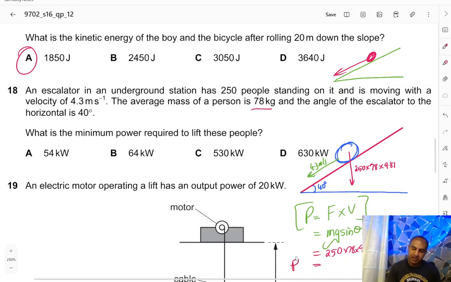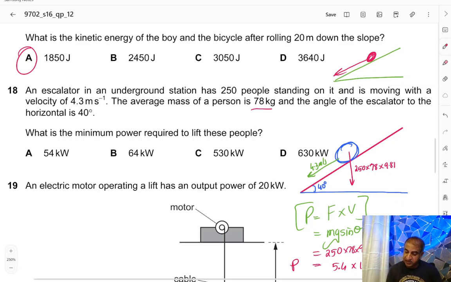We need the power in kilowatts, so first we find it in watts and then convert. So 250 multiplied by 78 multiplied by 9.81 multiplied by sine 40, bracket closed, multiplied by 4.3. That gives a huge value, which I'm going to round off to three significant figures: give or take 5.4 times 10 to the power 6 watts.